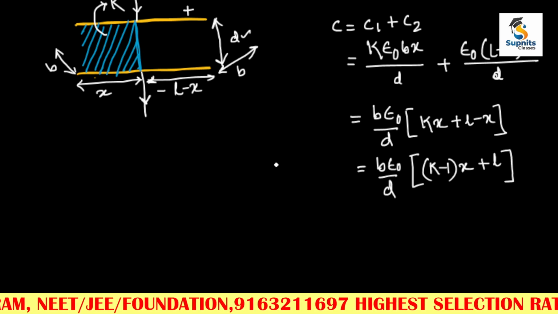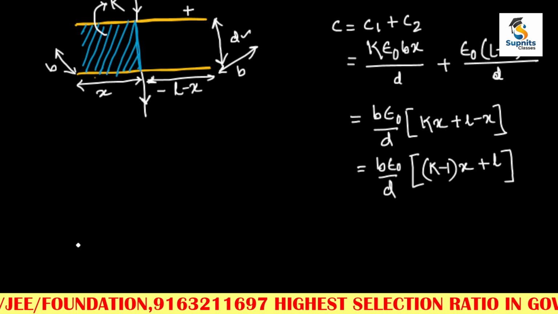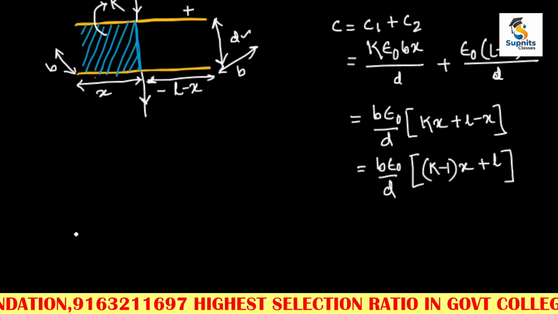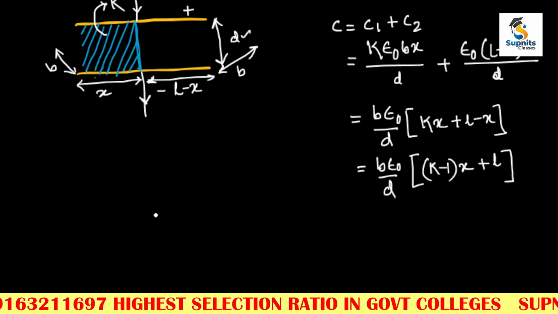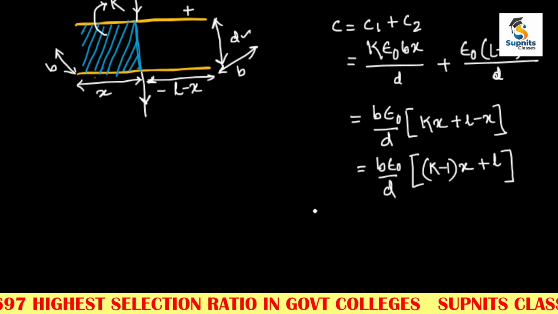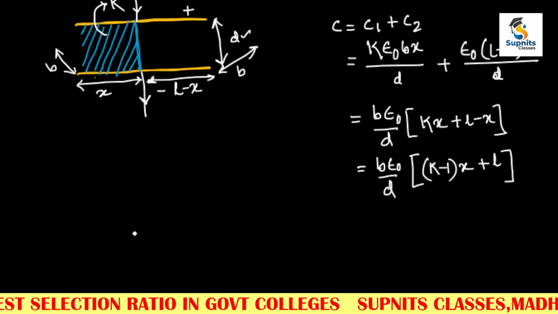So this is the total capacity of this capacitor when the dielectric is not inserted completely. So one part we have been able to do. Now how does it help us?